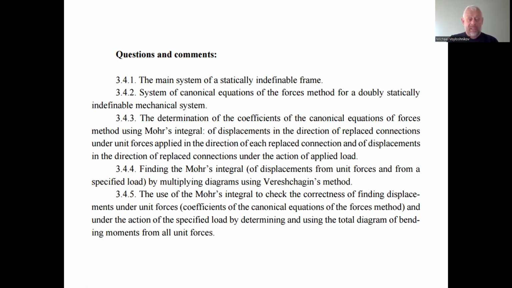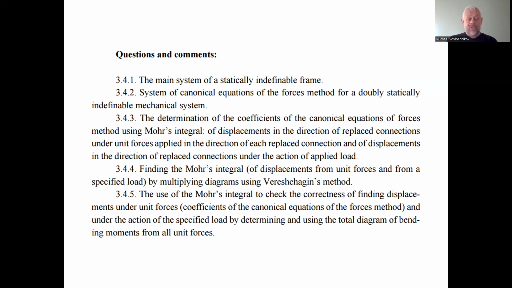The main system is a statically determinate system, which we have when we cut off the unnecessary connections of the statically indeterminate system. Unnecessary in the sense of geometric unchangeability. So when we cut off these so-called unnecessary connections, the assigned system becomes statically determinate. This will be the main system, but at the same time it remains geometrically unchangeable.